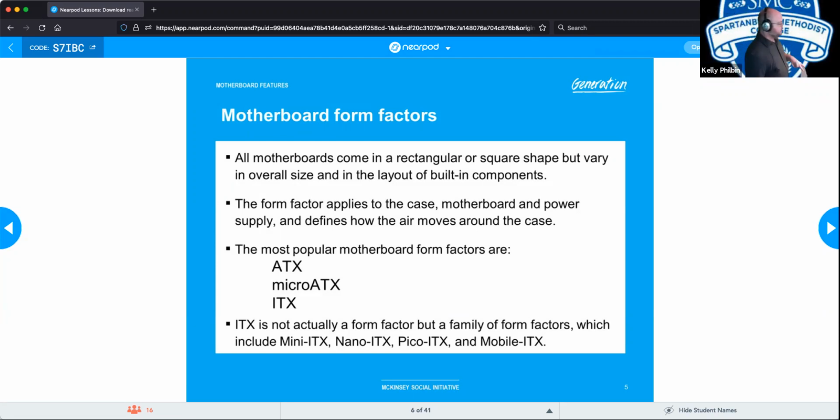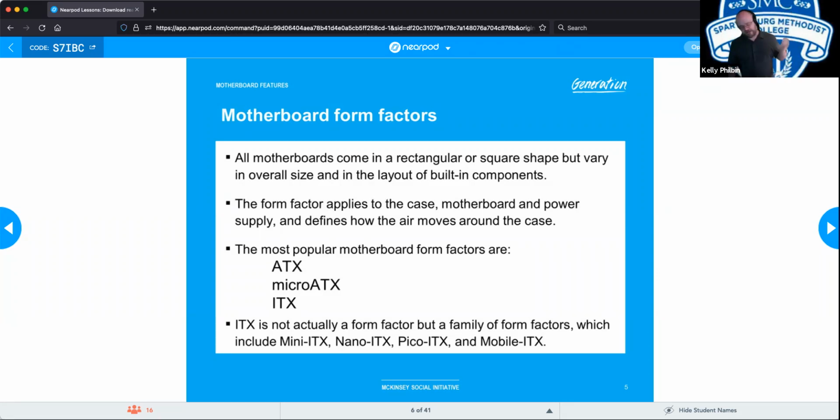There are three basic, most popular form factors for computers. The first is the ATX, which is one of the largest, and it is predominantly used in desktops. Then you have the Micro ATX, which is also prominently used in desktops.